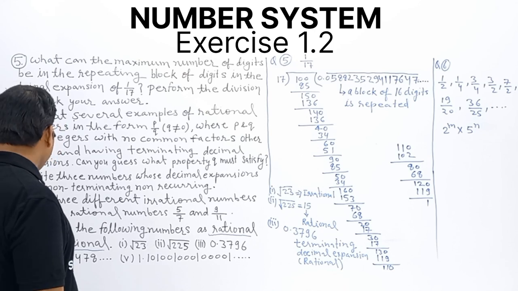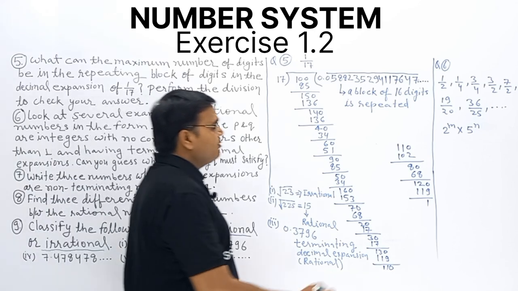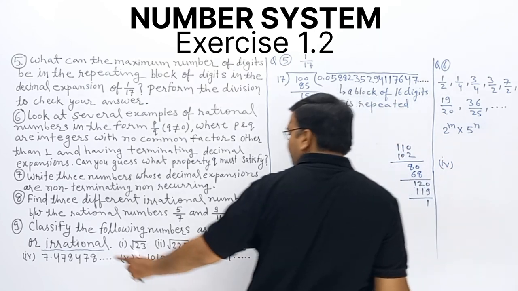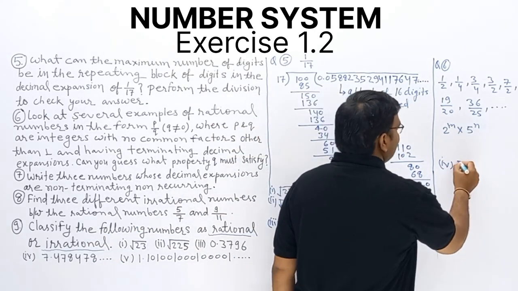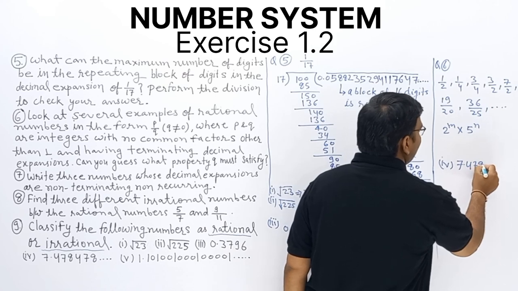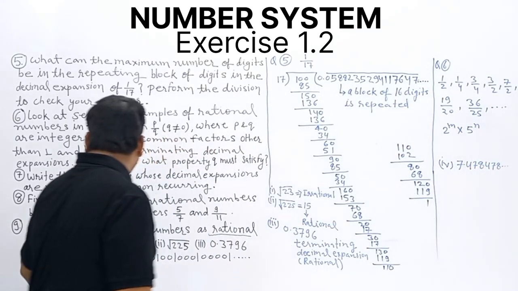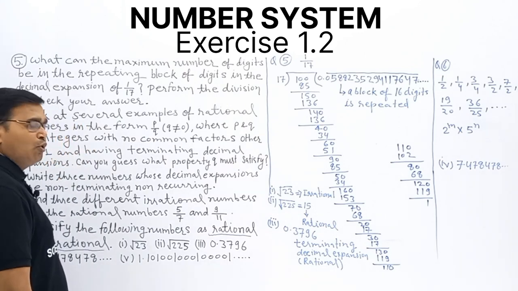In the next question, question number 4. What is the question? 7.478478 and so on.